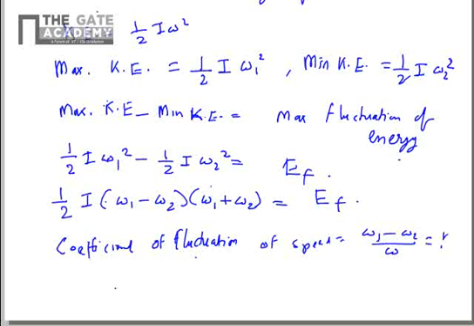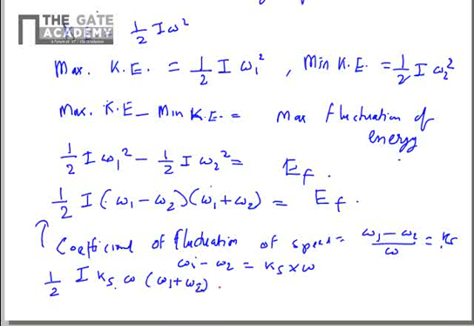So hence omega 1 minus omega 2 will be equal to Ks into omega. Substituting this value in the equation, we get half I Ks omega multiplied by omega 1 plus omega 2 equal to EF.